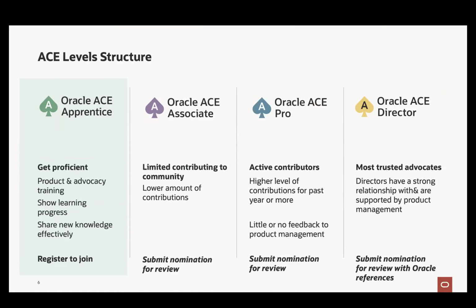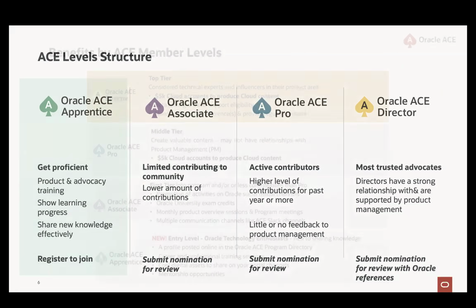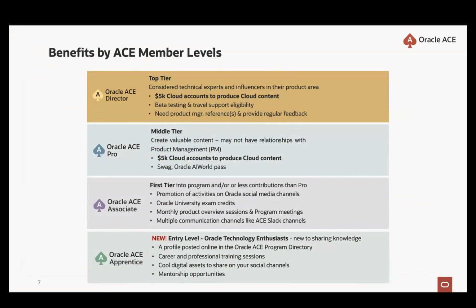If for the other levels you need to submit a nomination that is reviewed and passes a compliance and a content review, this one is a registration type of entry where you only submit your name and your email, and that's the first step. And then you start receiving more information from us as you go through that path.